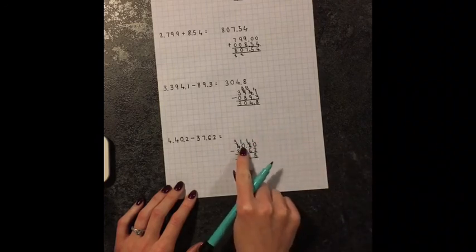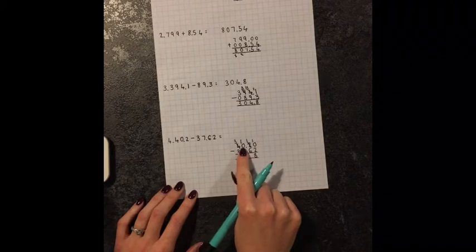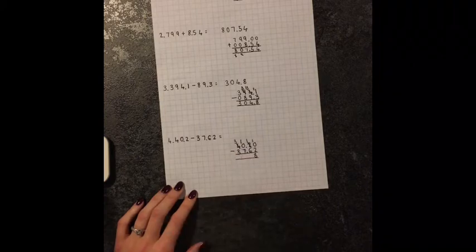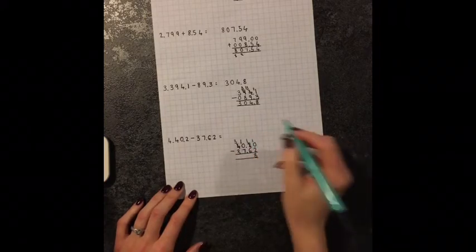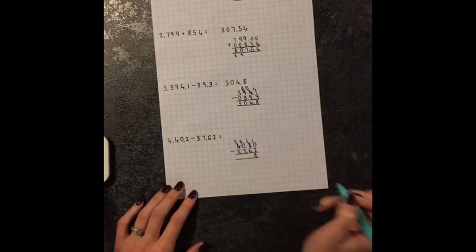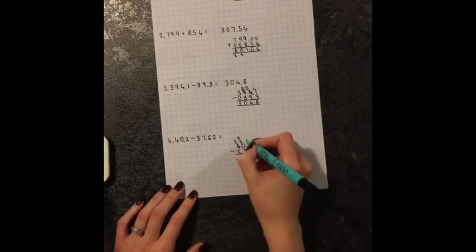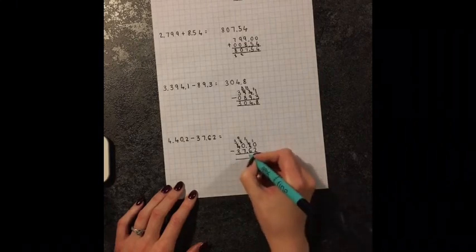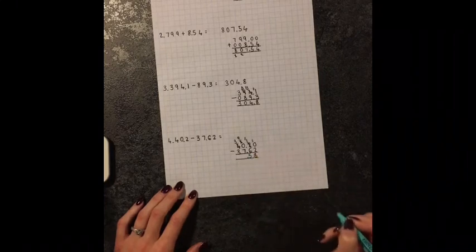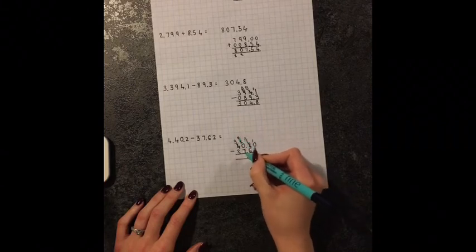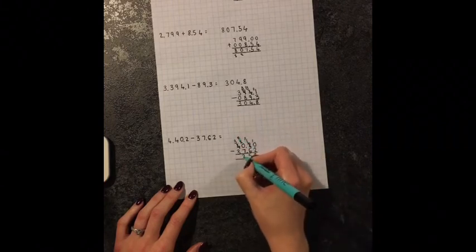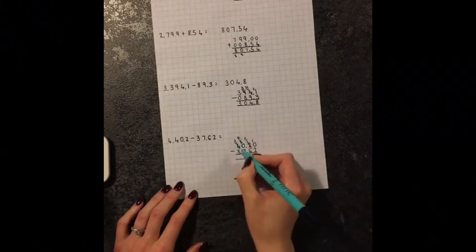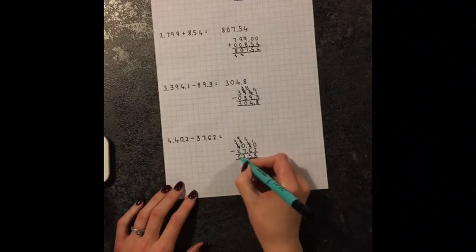Now that there is a value in the column next door, in the ones column, we can steal something from them. So they have 10, we're going to steal 1, leaving them with 9. 11 minus 6 is 5. 9 minus 7 is 2, and 3 minus 3 is 0.